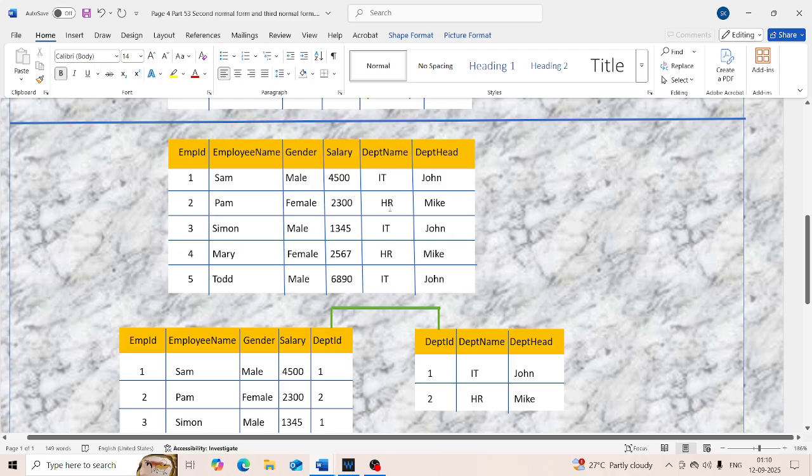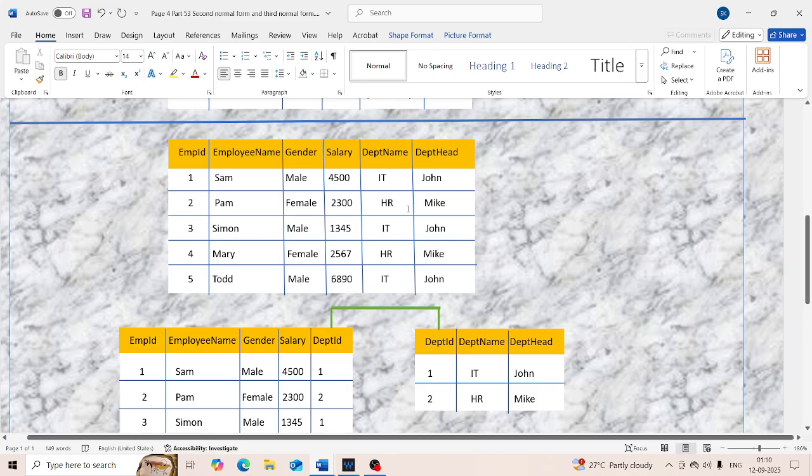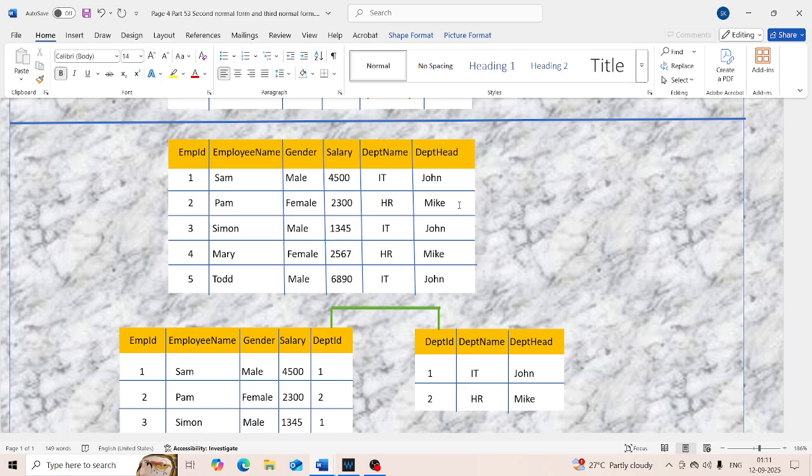Okay, what we can do is move the columns that are not fully dependent on the primary key into their own table.